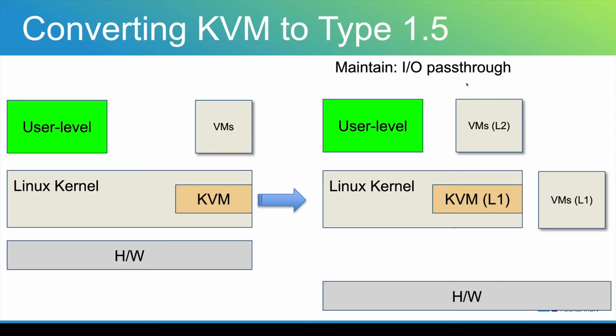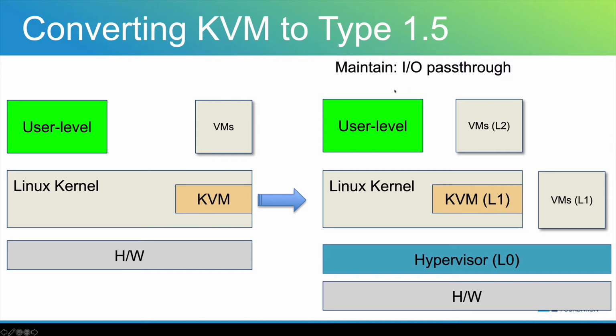Now let's take a look at how we can convert KVM to Type 1.5. We take a standard Linux plus KVM system and insert a hypervisor as L0. Now the KVM becomes L1 and the existing VMs become nested, so L2.